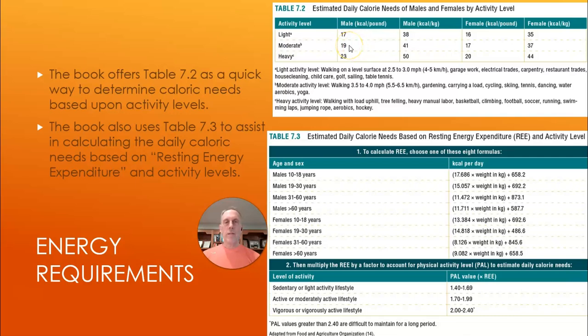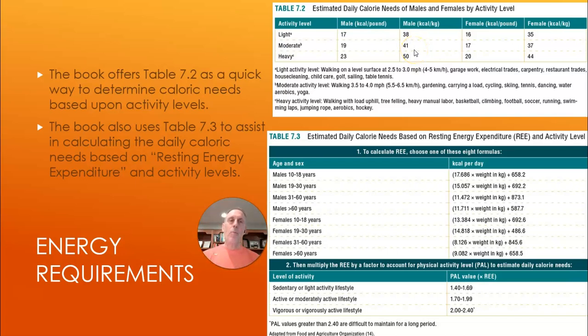And if we look at activity level, light, moderate, or heavy, we know the caloric need for performing these activities per kilogram, right? So what we have is calories per pound and calories per kilogram.